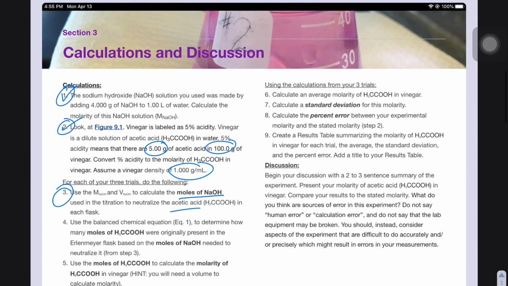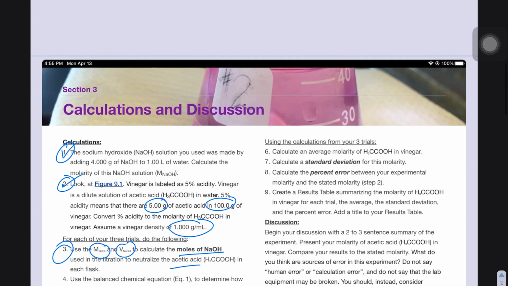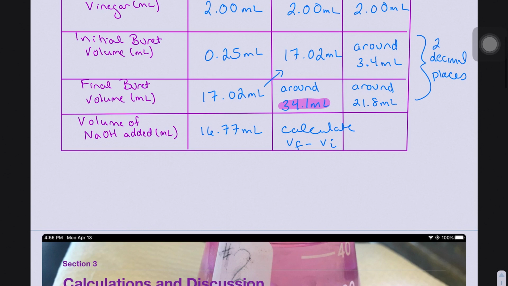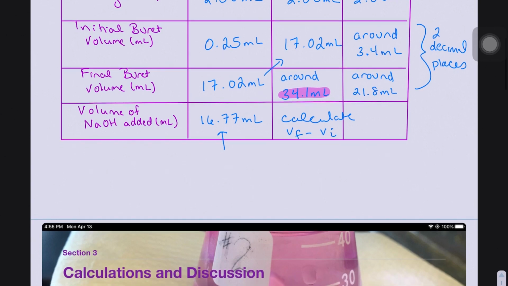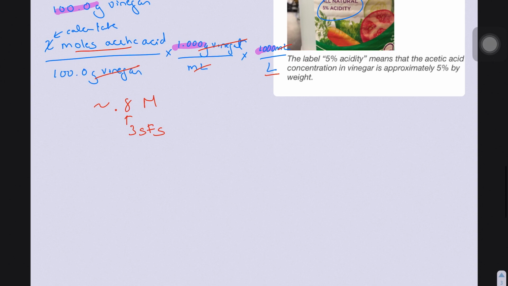And the calculation of that is quite simple. You just need to use the molarity of sodium hydroxide and the volume of sodium hydroxide. So the volume of sodium hydroxide is from your data table. For trial 1, it will be 16.77 milliliters. That's the volume of sodium hydroxide that you added for that trial, or technically I added.